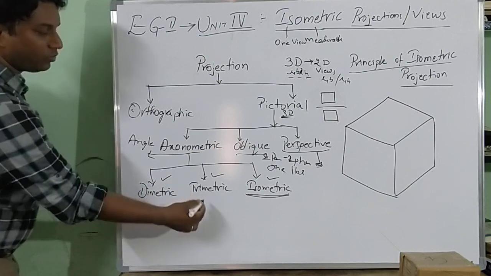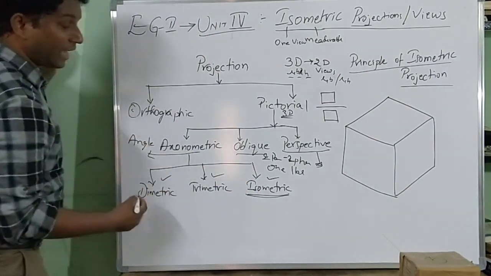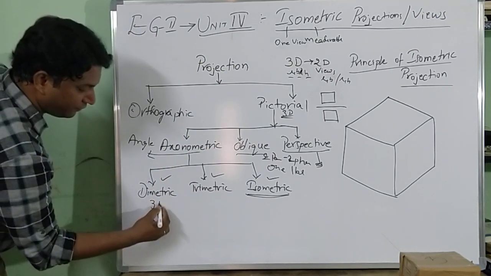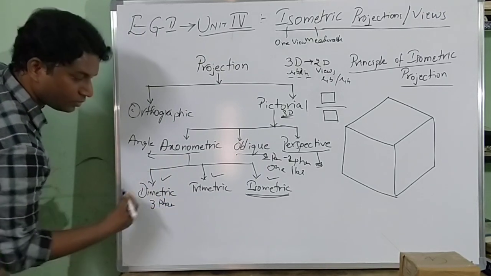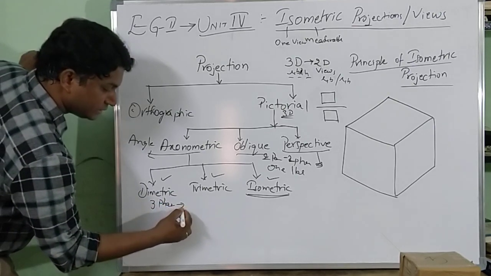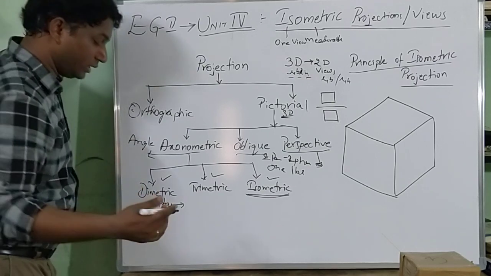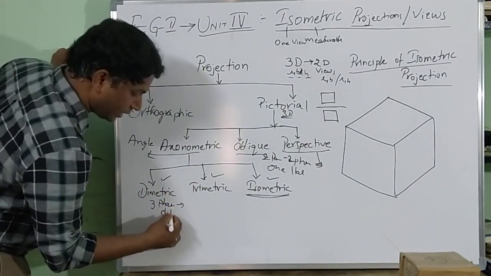Now, what is diametric, what is trimetric, and what is isometric? Diametric means the three faces have three different angles. You understand? Three different angles.